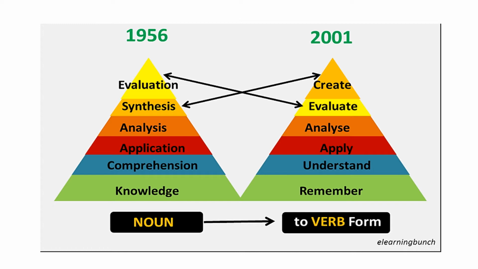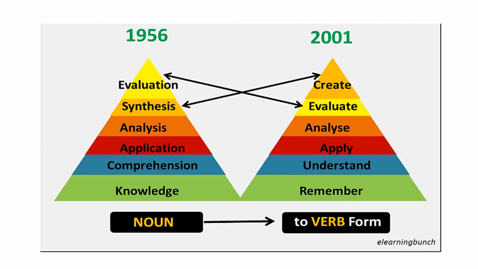And which one do you think is Bloom's taxonomy and Anderson's taxonomy? That's perfect. So the noun is according to Benjamin Bloom, and the verb is according to Lauren Anderson. So this is for 1956, according to Benjamin Bloom, and it was revised by his student Lauren Anderson in 2001.